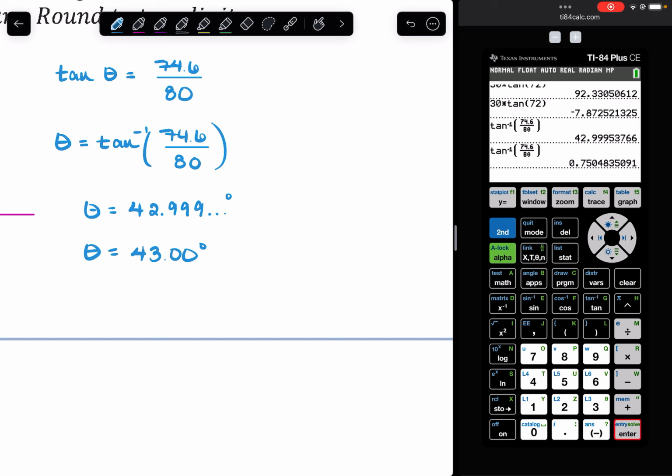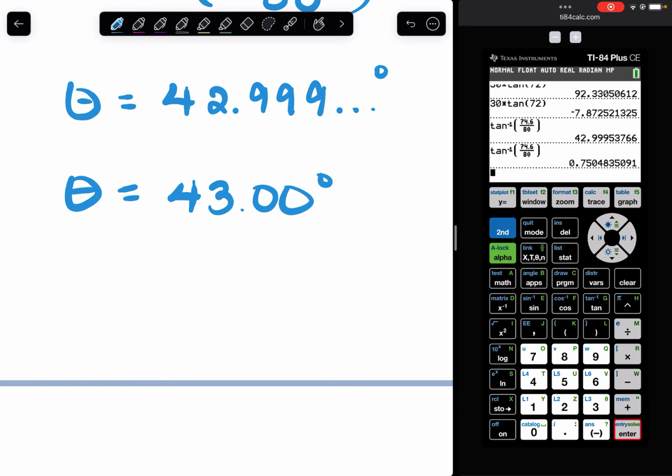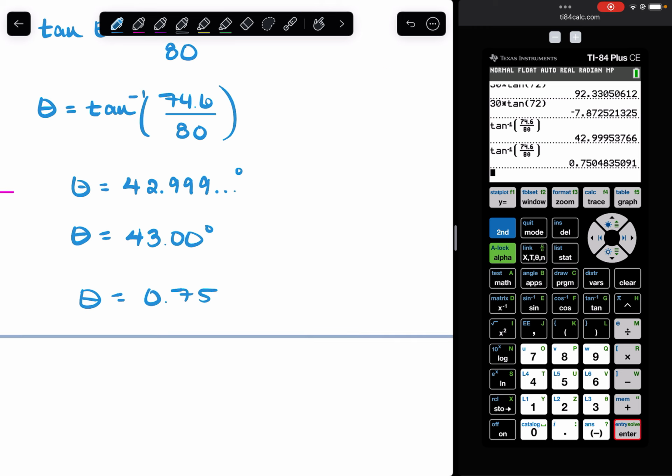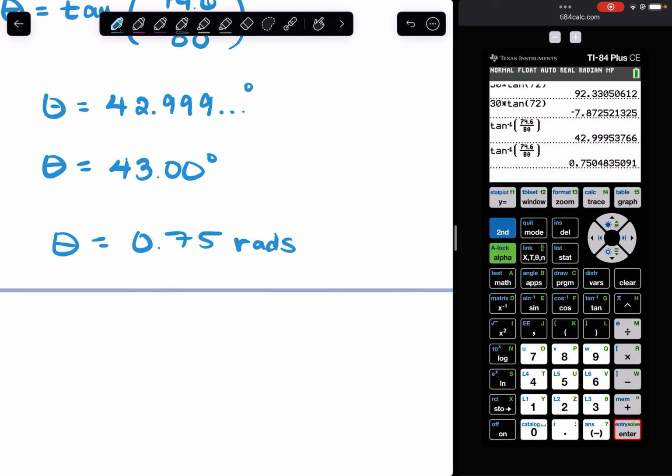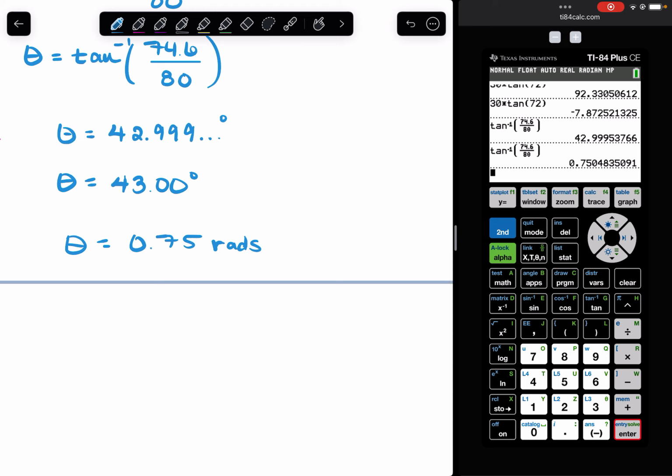And I've got 0.75. So theta is 0.75. And normally when we do radians they are technically unitless, but I like to put rads at the back just to remind myself that it is in that mode.